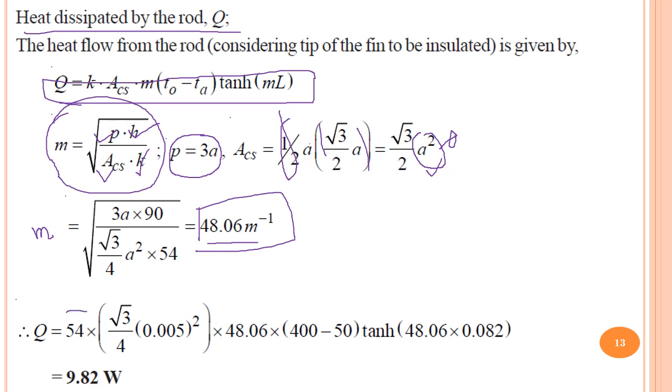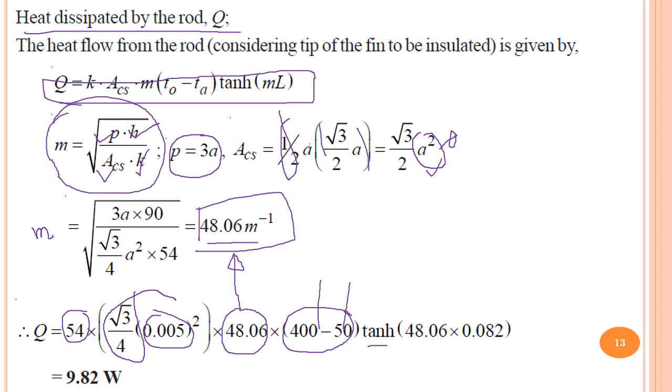Now thermal conductivity is known to us, 54, cross section area is root 3 by 4 into a square, then m, the fin constant, this value, T0 minus Ta, the base temperature minus the surrounding air temperature, tanh(mL), where L is the length. What you can observe here is the Q value we get is 9.82 watt, that is the heat transferring from the fin.